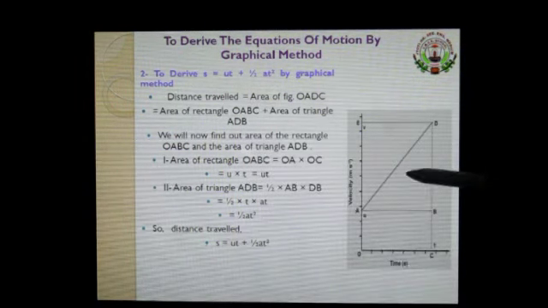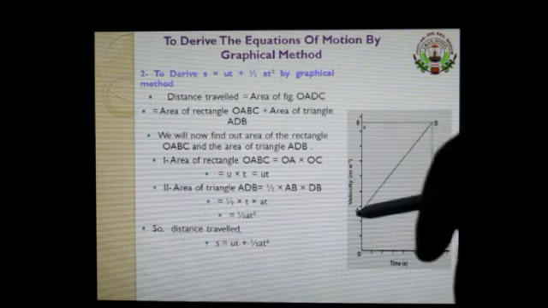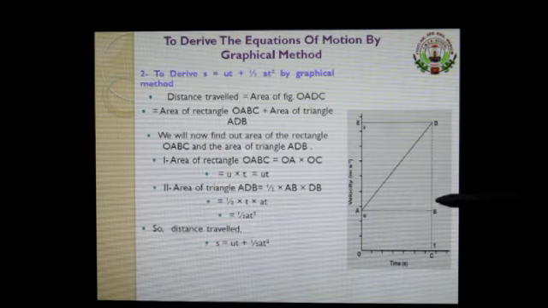Now we will find the area of triangle ADB. What is the formula for the area of a triangle? That is half into base into perpendicular distance. Here the base is AB and the perpendicular distance is DB. That is equal to half into t into at, because AB is equal to OC, which is equal to t, and DB is equal to at, that we have seen already in the previous case.